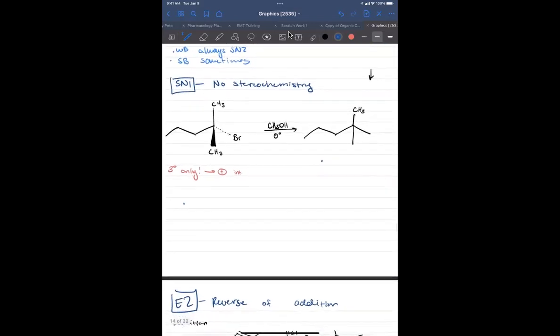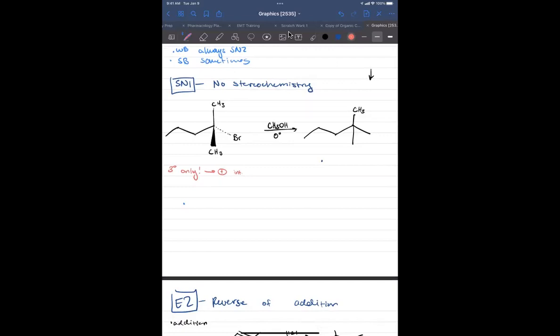And then SN1, there's no stereochemistry because you get a racemic mixture. There is stereochemistry, but it's not exclusive. And this is tertiary only because there's a carbocation intermediate. And again, tertiary carbons are kind of the ideal for carbocations because it's hyperconjugated by neighboring carbons.